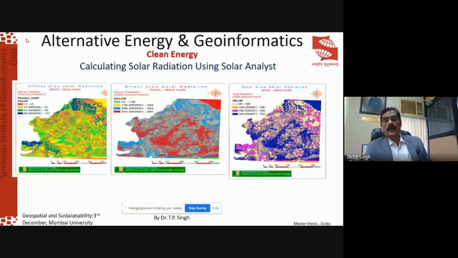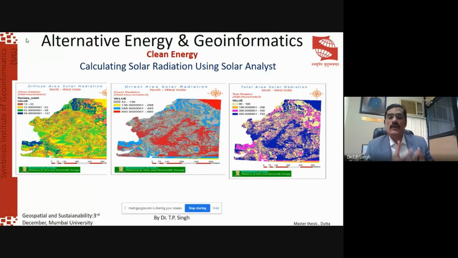Now coming to another very important goal, clean energy, which is simply sustainable alternative energy. How does this technology play an important role for sustainable energy? In the work which I am describing, one of my students and I, with the Government of India Ministry of Renewable Energy, identified which area has what kind of radiation: diffuse radiation, direct radiation, and total radiation.